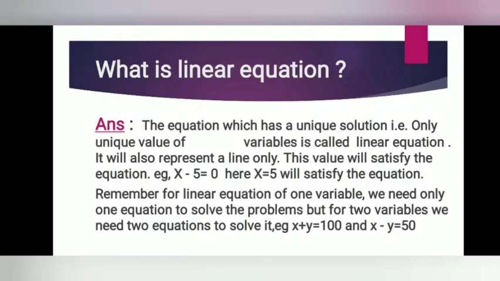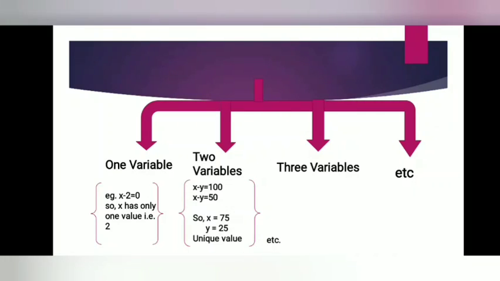Remember students, for a linear equation of one variable we need only one equation, but for two variables we need two equations, and for three variables you need three equations, and so on. Suppose x minus y equal to 50, x plus y equal to 100.